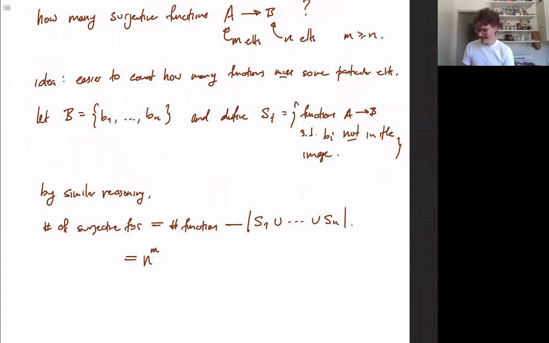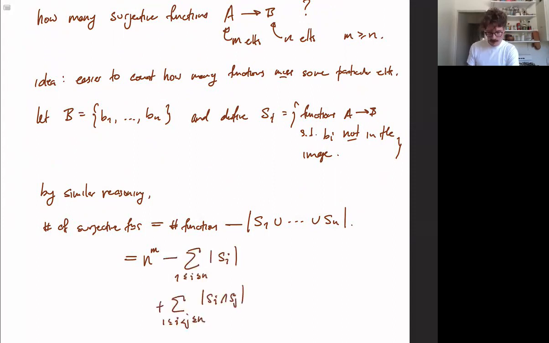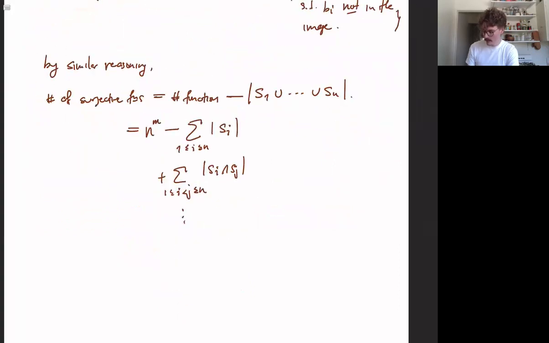Hopefully that's correct. And then minus, so by inclusion-exclusion, minus the sum, 1 less than or equal to i, less than or equal to n, cardinality Si, plus the sum 1 less than or equal to i less than j up to n, Si intersect Sj, etc., plus minus 1 to the n, S1 intersect all the way through Sn.